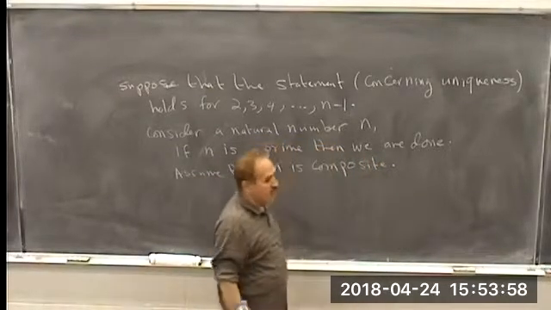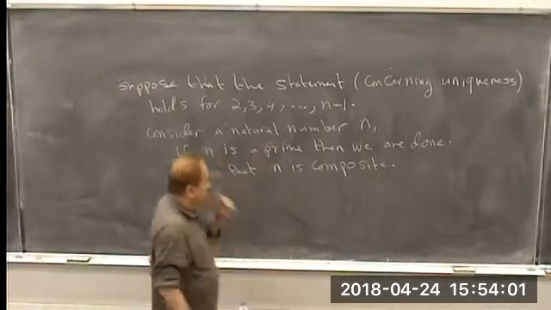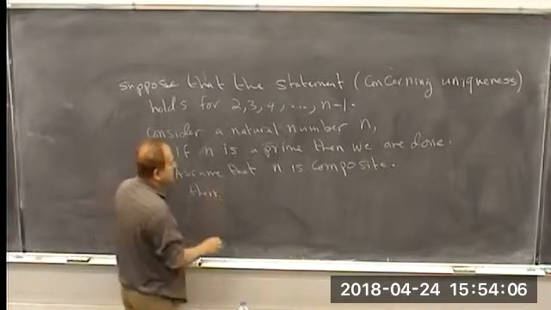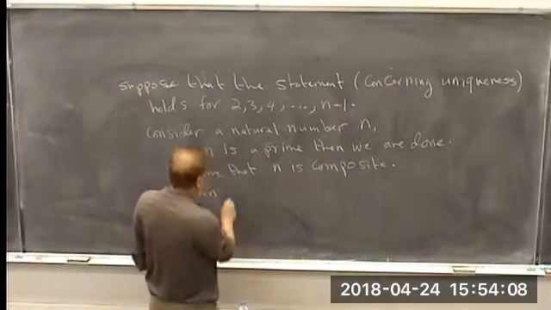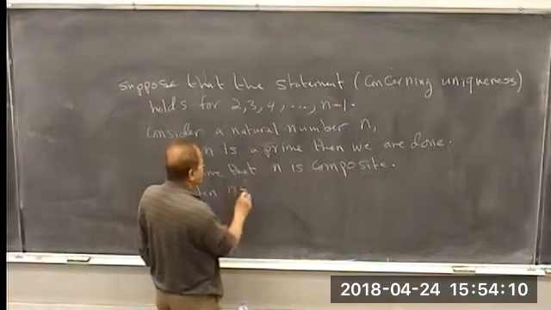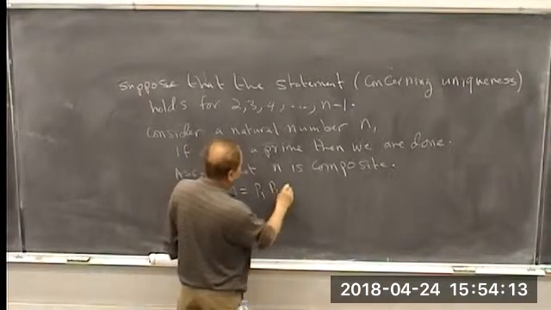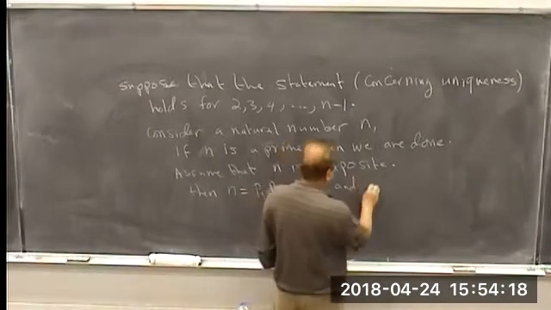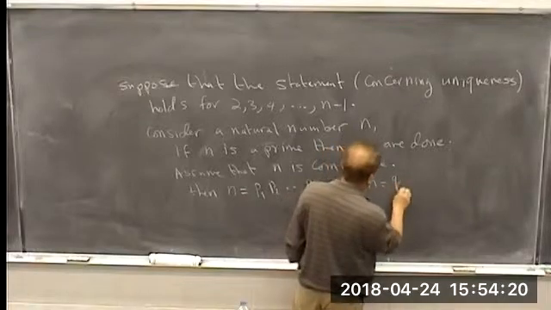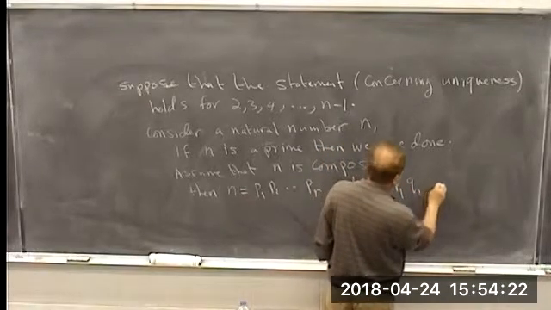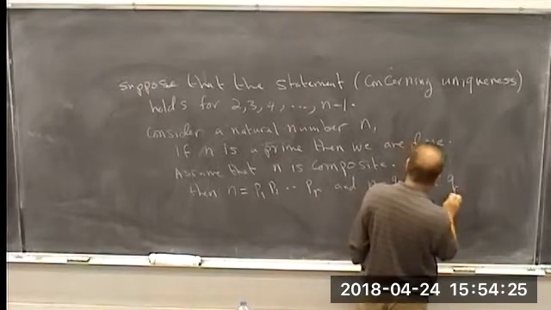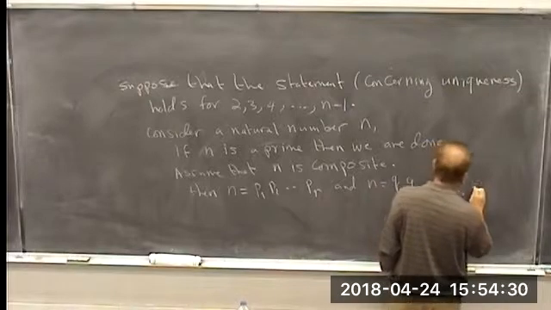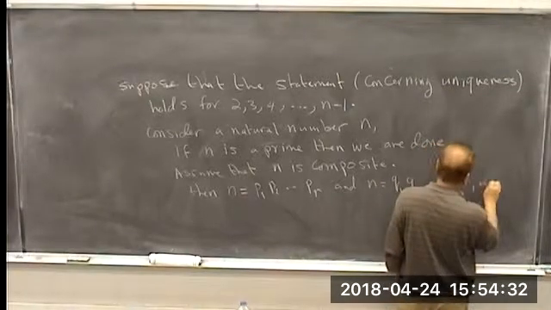And by the third part, I know that n has this factorization, B1, B2, up to Br, and n is equal to Q1 up to Qs.